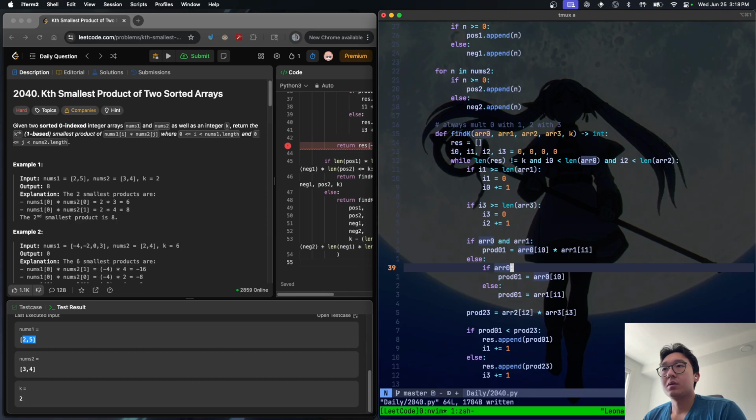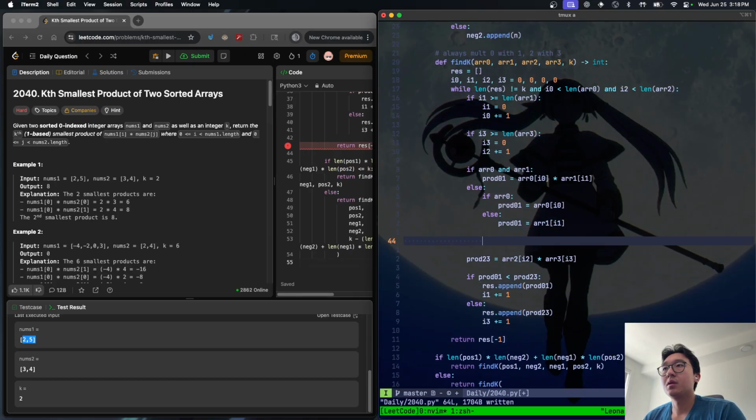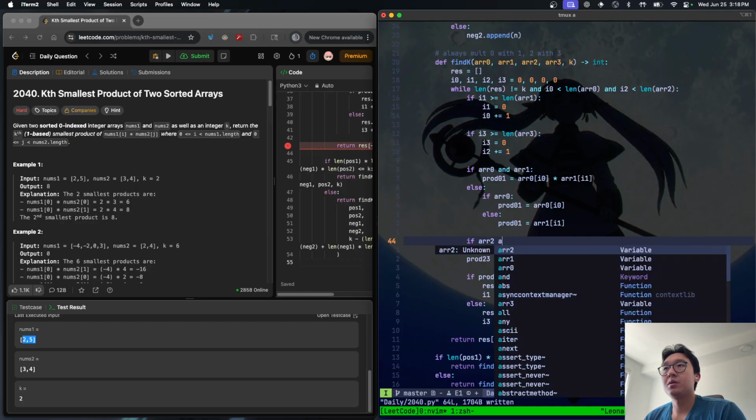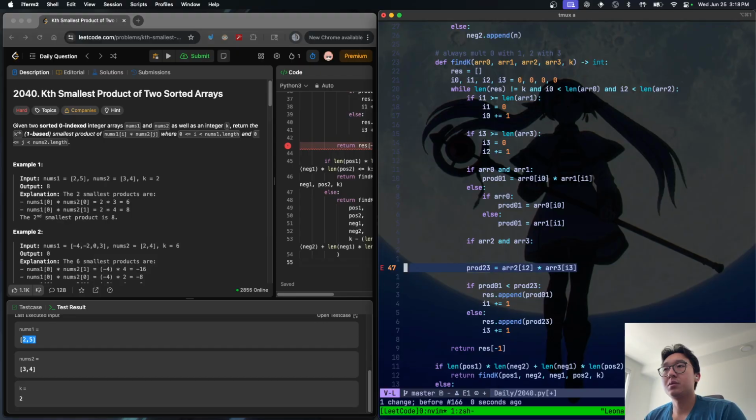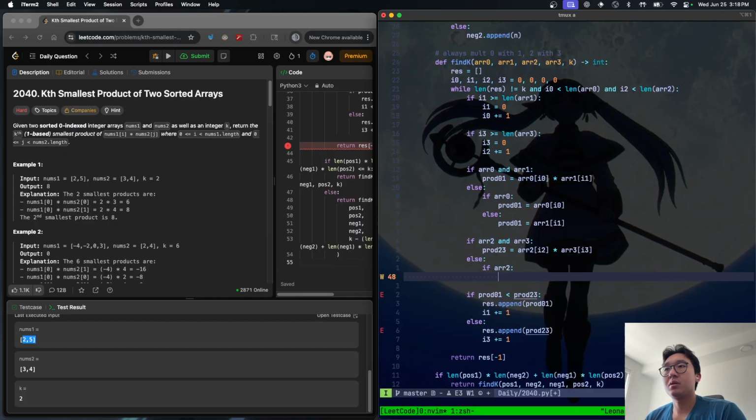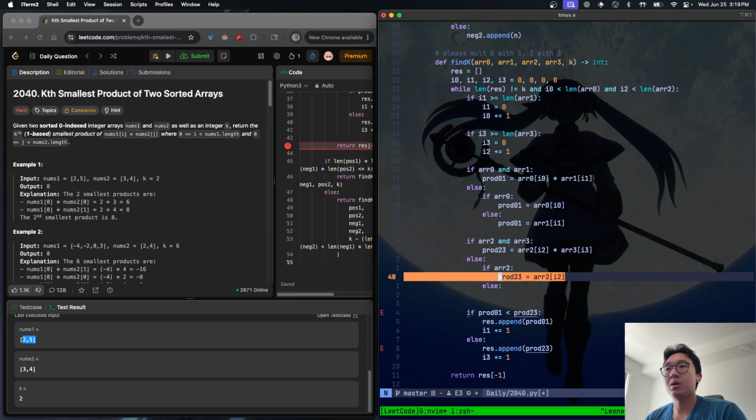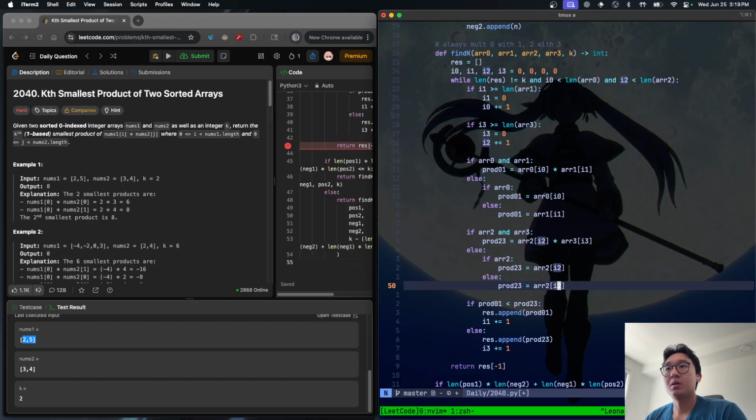Yep, 0, else 1. And then we do pretty much the same thing for here. So if R2 and R3 and this, else if R2 and prod2 is going to be this, else prod is going to be 3, 3, right?